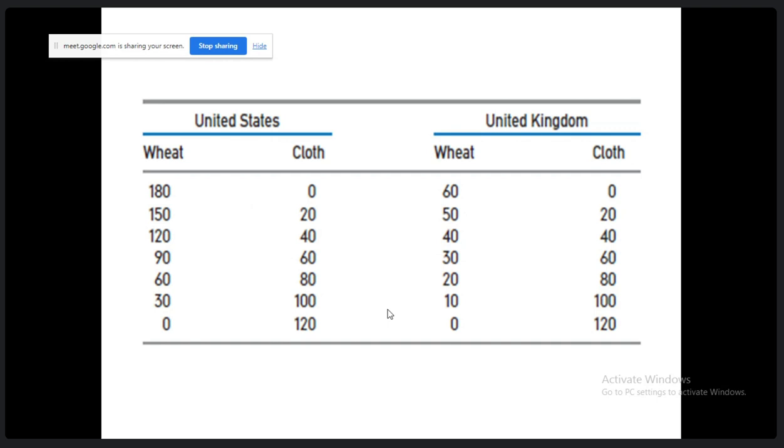Please draw a production possibility frontier for UK. Done?